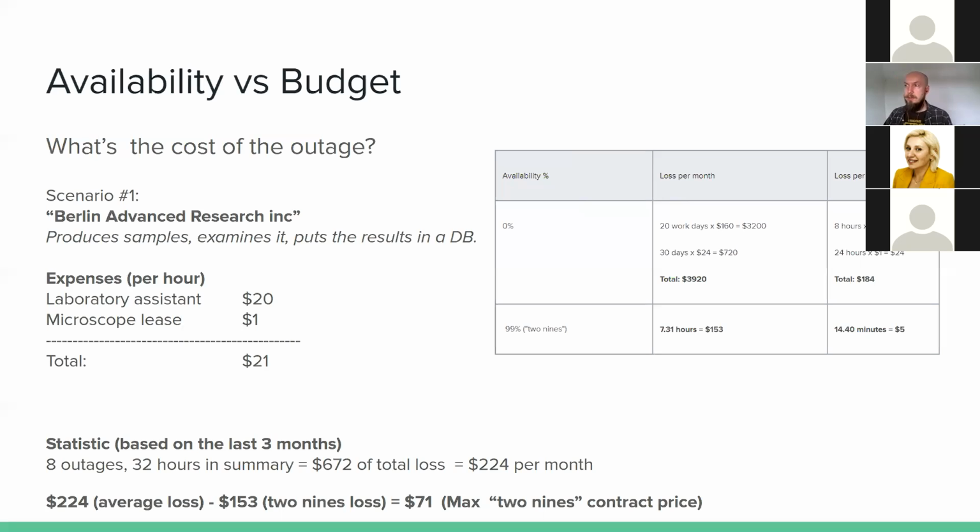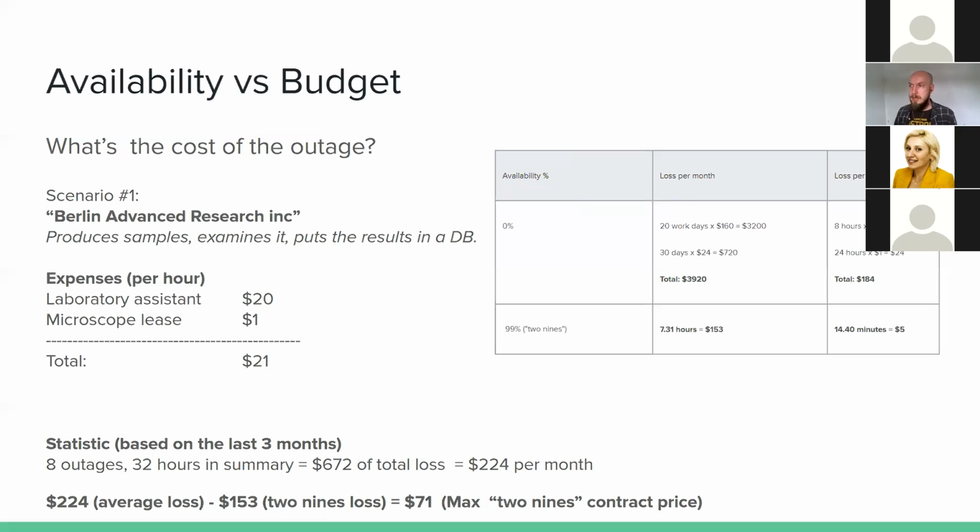So $70 is the maximum amount of money that makes sense to spend for this contract. If you spend more, it's exactly the same as having no contract, because in summary, you will spend more than normal work. So that's something important to know.